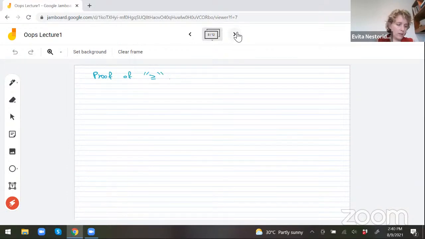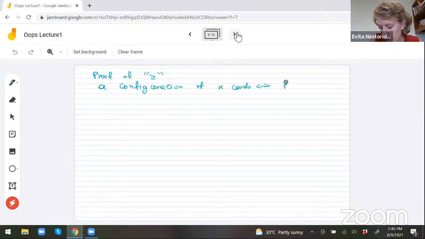Whenever we talk about card shuffling, the symmetric group is hidden behind it. So a configuration, an ordering of these n cards, really corresponds to an element in the symmetric group S_n.